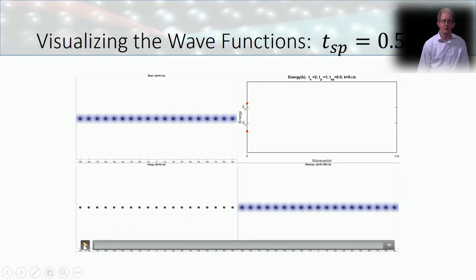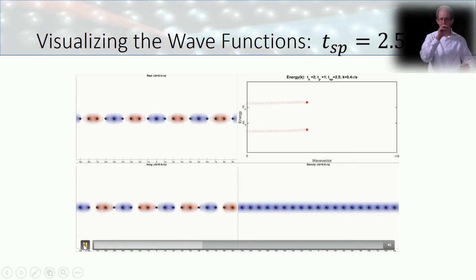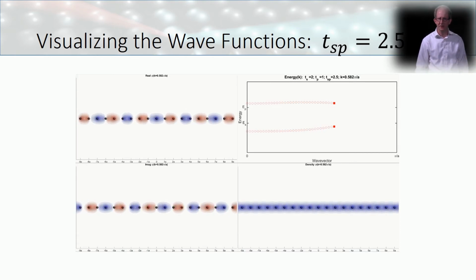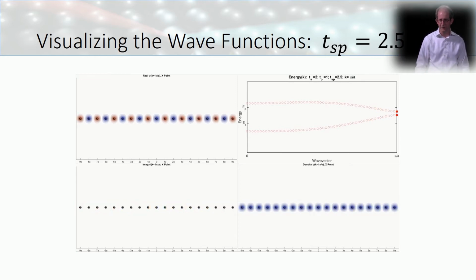But as we look, this looks the same at k equals 0. We start with an s-like orbital. We're looking at the lowest energy band here. And this starts off looking just like s orbitals. In the middle, it looks like maybe there's some p orbital character to it. And then as we continue to increase k, that goes away, and we're left with pure s-like orbitals.